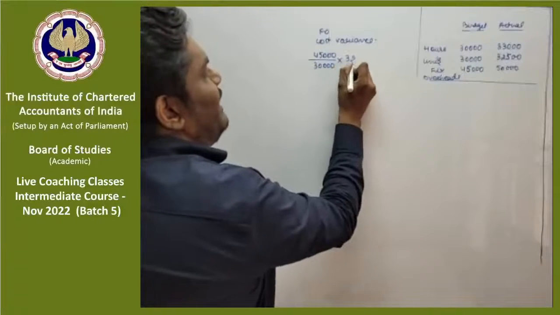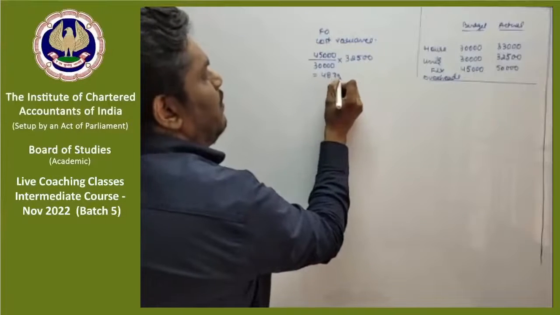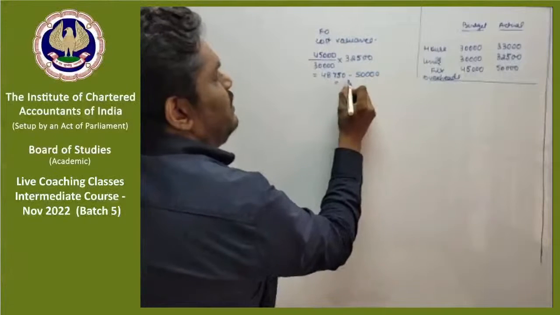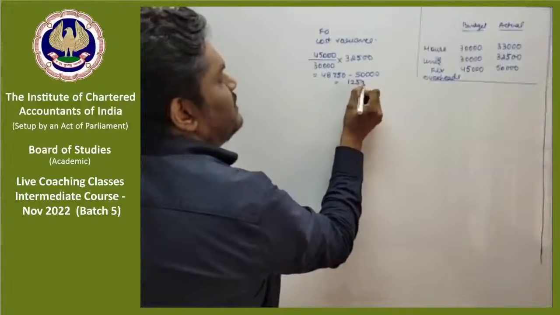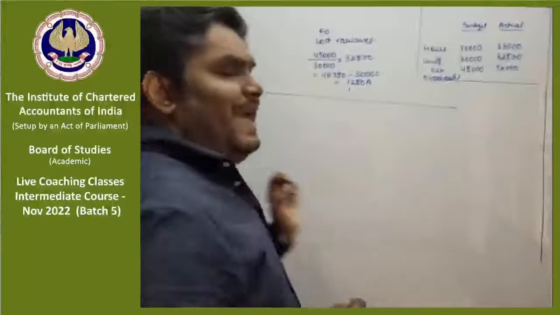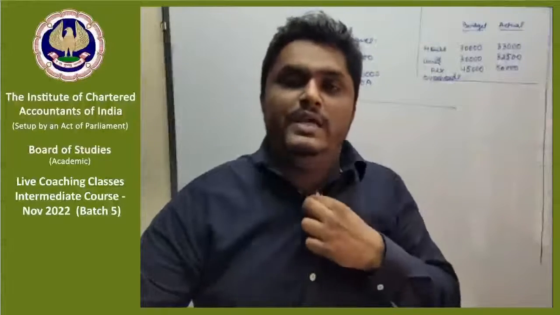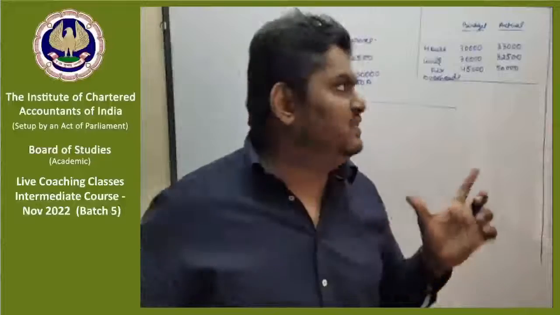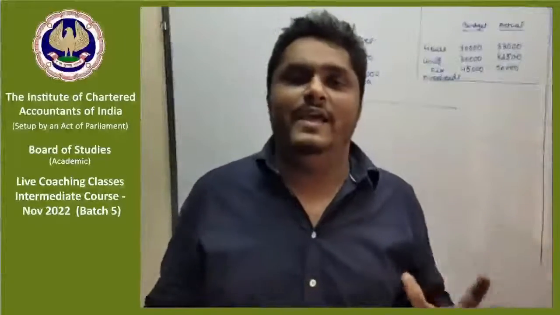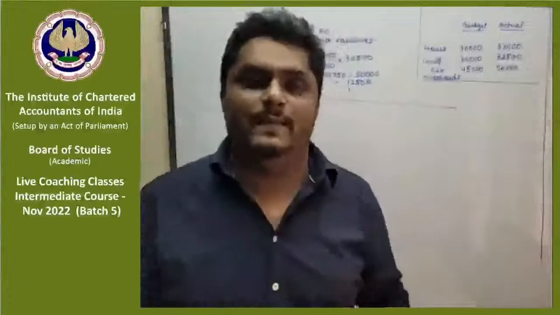So for 32,500, how much? 48,750 minus 50,000. So this is 1,250 adverse. So the calculation of cost variance will remain unchanged. We will calculate the cost variance in a similar way, whether the days are given or not given.